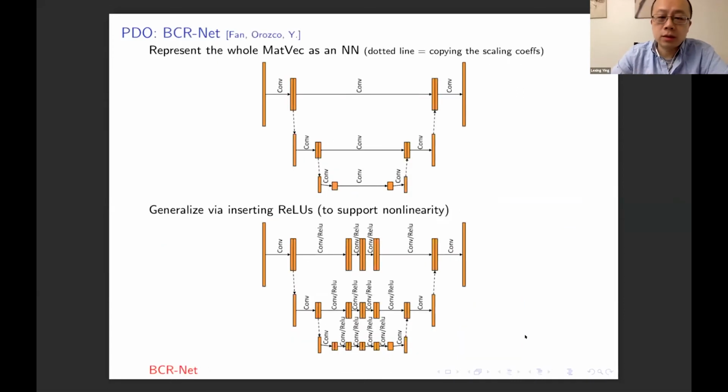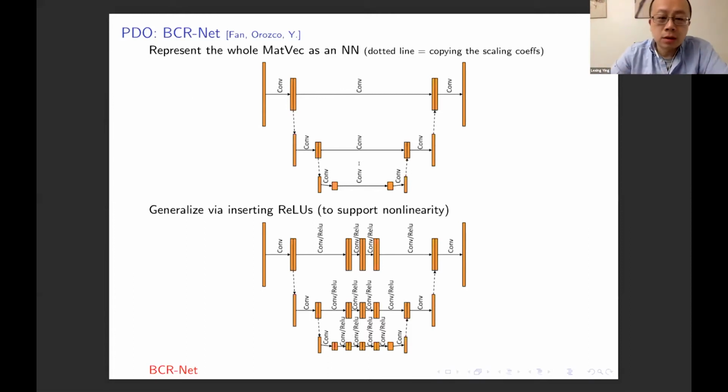When you assemble all these things together across all the scales, you get the following architecture. In fact, you can represent the whole matrix-vector multiplication of this pseudo-differential operator to a vector as this hierarchical neural network, where every layer itself is convolution, but you have multiple layers. In some sense, it looks like a harp.